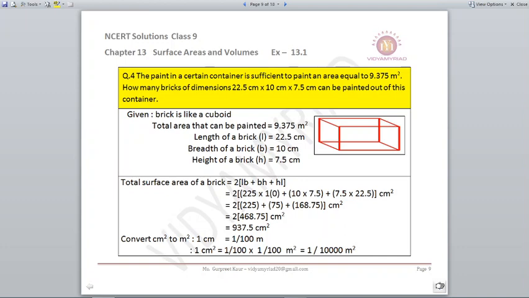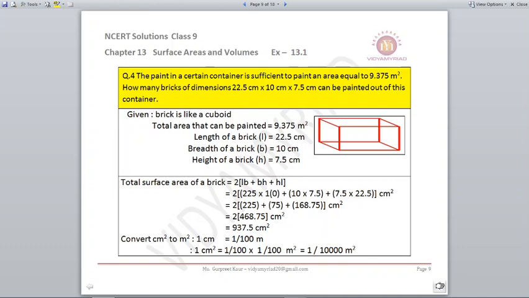But the area that can be painted is given in meter square. So what we will do is, we will convert centimeters to meters. Now accordingly, we already know 1 centimeter is equal to 1 upon 100 meters. But if I do centimeter square, it will become 1 upon 100 into 1 upon 100, which is equal to 1 upon 10,000 meter square.